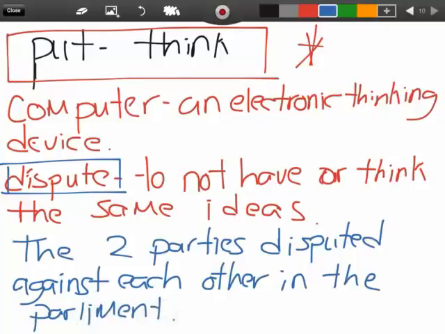I'm going to read that to you. The two parties disputed against each other and the Parliament.